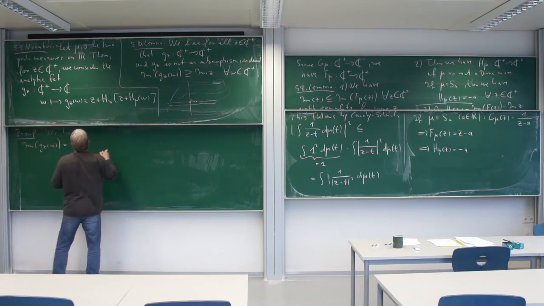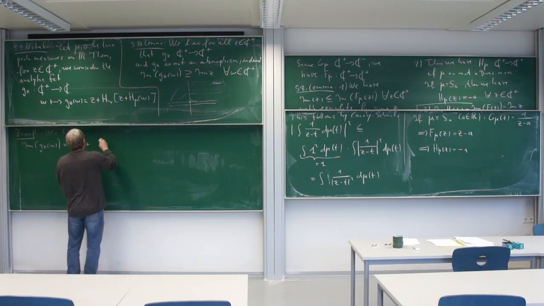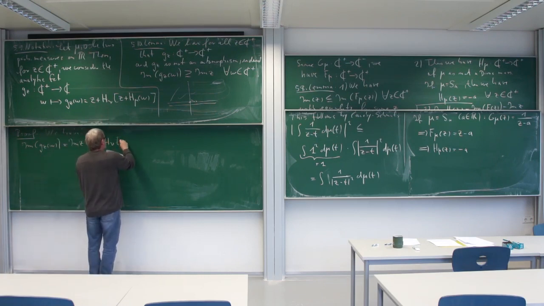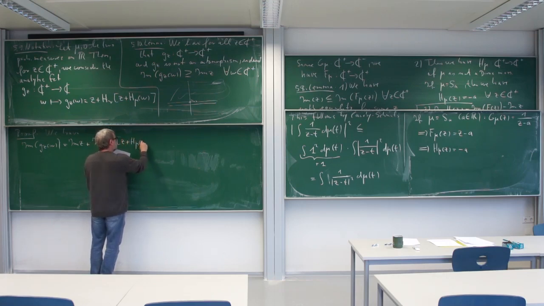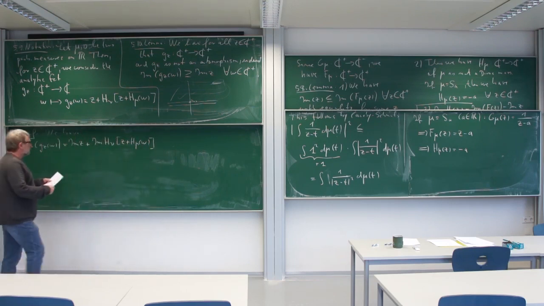So I take the imaginary part of this, so this is the imaginary part of z, plus the imaginary part of H_nu of z plus H_nu of w. Good.